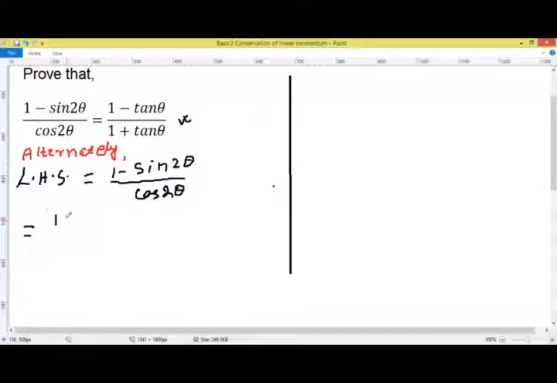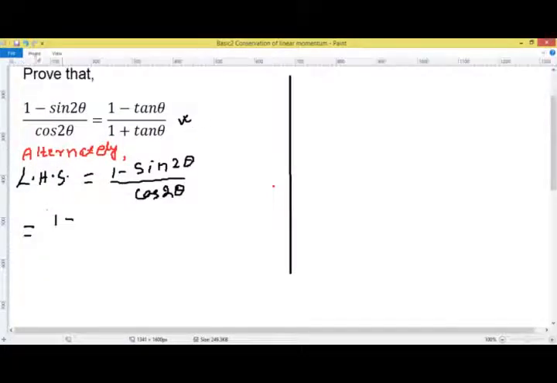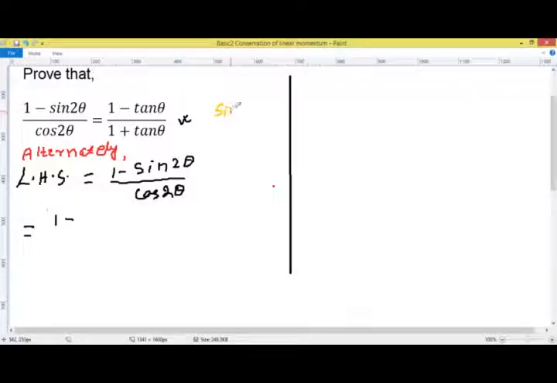So this is 1 minus, you know the sine 2 theta formula, you should know that. Sine 2 theta equals 2 sine theta cos theta. You have to see in what way we are going to proceed, and then accordingly we have to express sine and cosine.